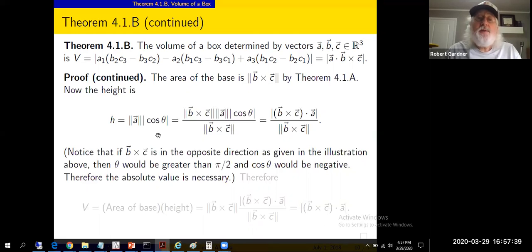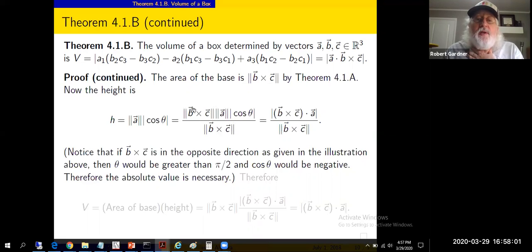So there's your height. How about we write that as the magnitude of B cross C divided by the magnitude of B cross C times the magnitude of A times cosine of theta. Oh, excuse me, I need an absolute value in there. Height would be non-negative. The cosine could potentially be negative here.